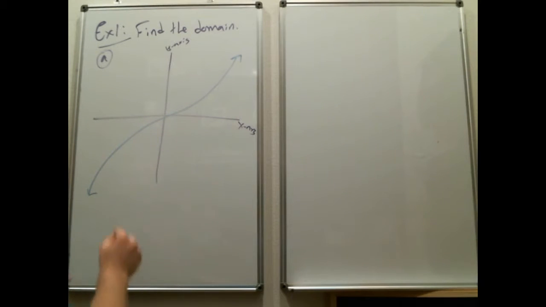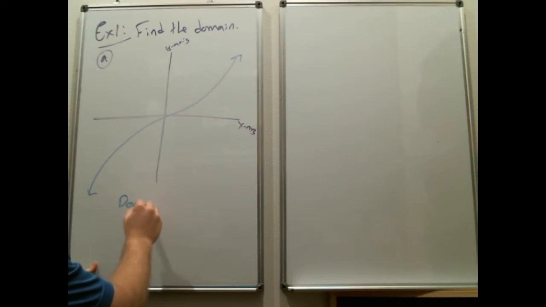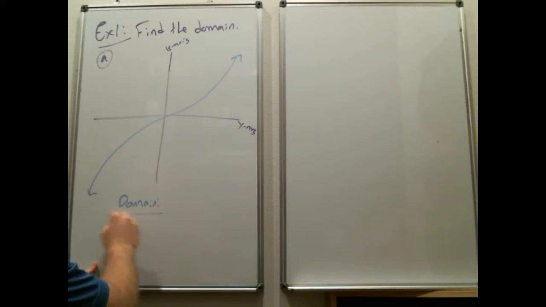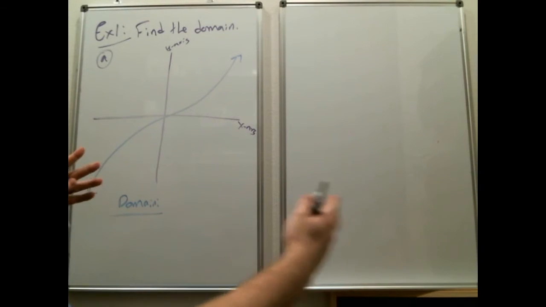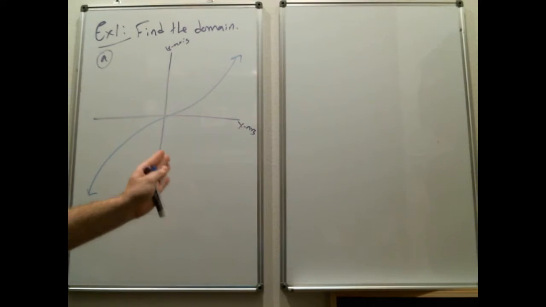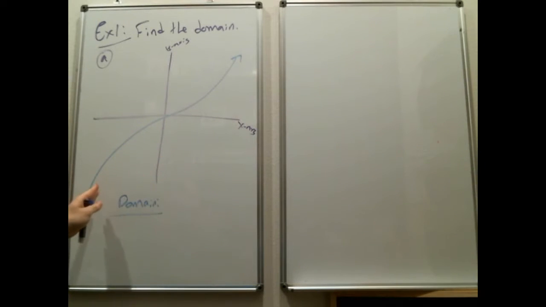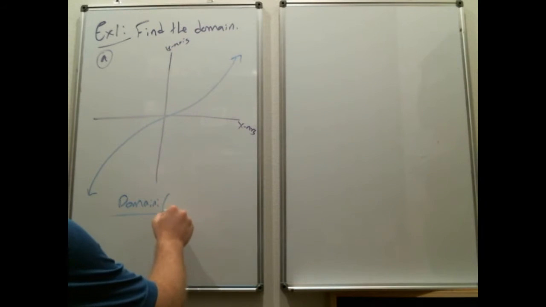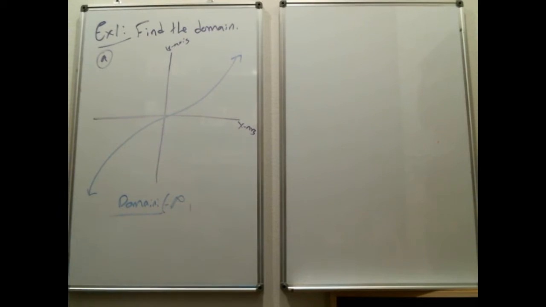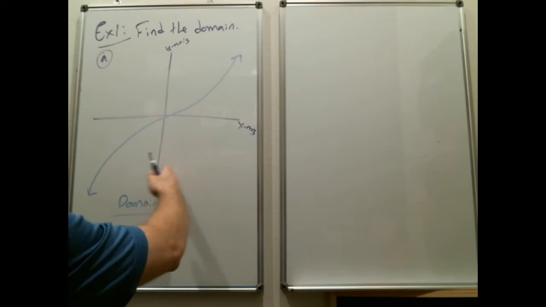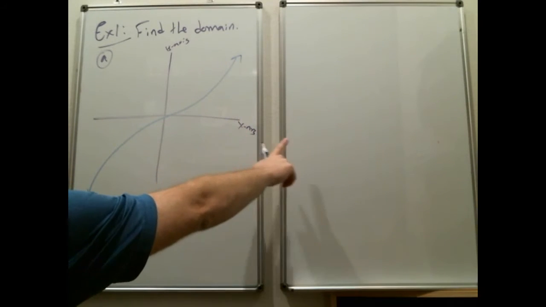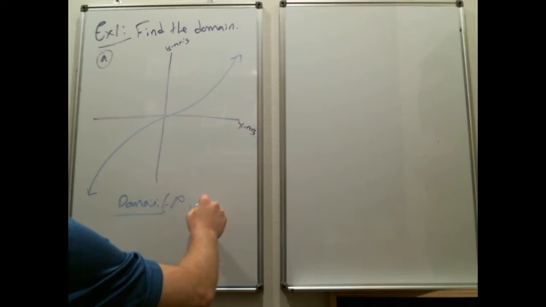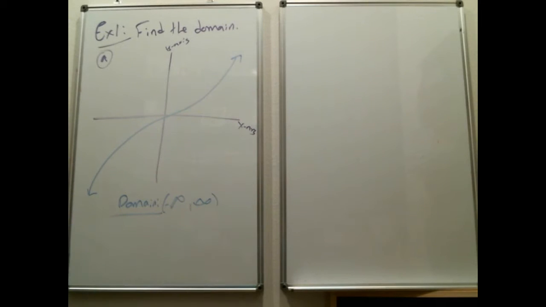So the domain here, it's all the x values that this graph uses. So start with the smallest value, which is over here. It keeps going down to negative infinity. So that is the smallest value. And then you go to the largest value, and this x just keeps going and going to positive infinity.